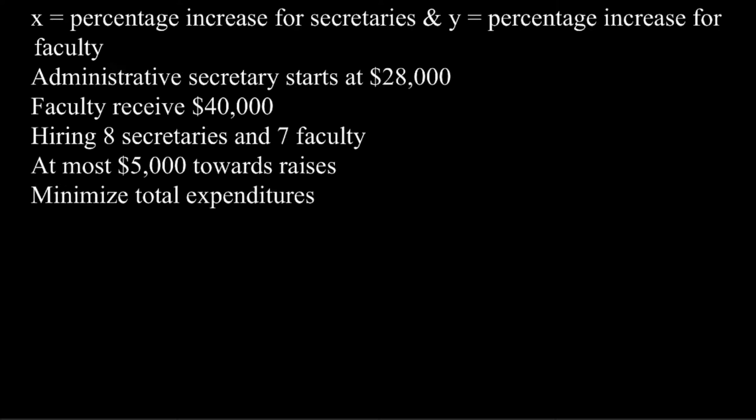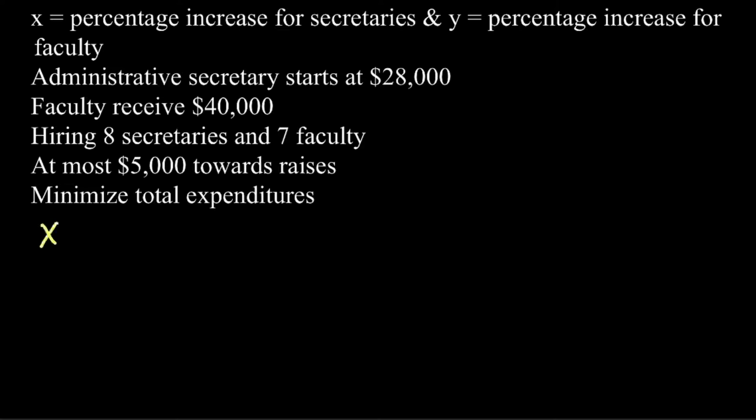So here are the pieces that I see as important, and we are going to write equations using these pieces of information. The first equations, though, or I should say inequalities, not equations, are kind of the most basic thing here. We are not considering reducing the salaries of the secretaries nor the faculty.